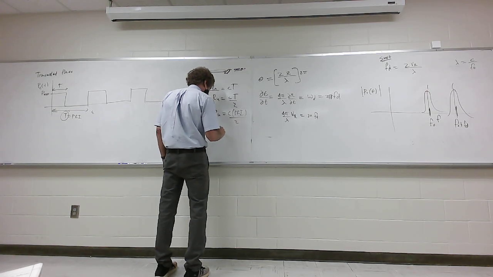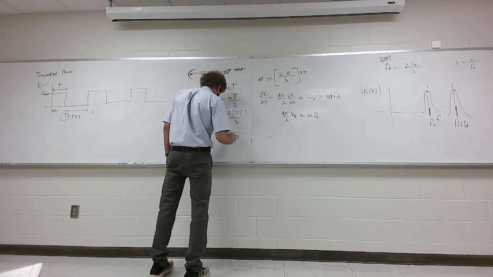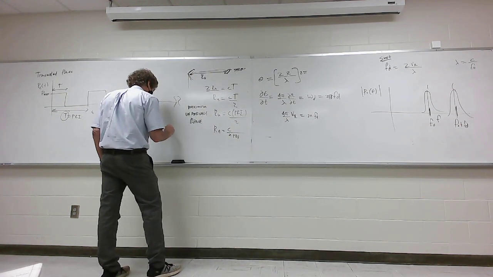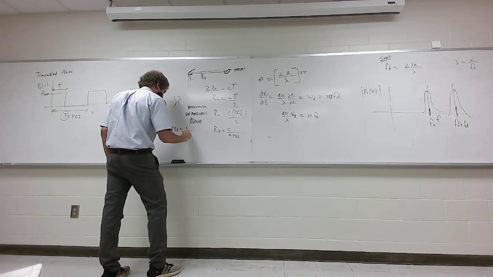Sometimes you see it stated as C over 2 times the PRF. That's the pulse repetition frequency. It's just 1 over the PRI.